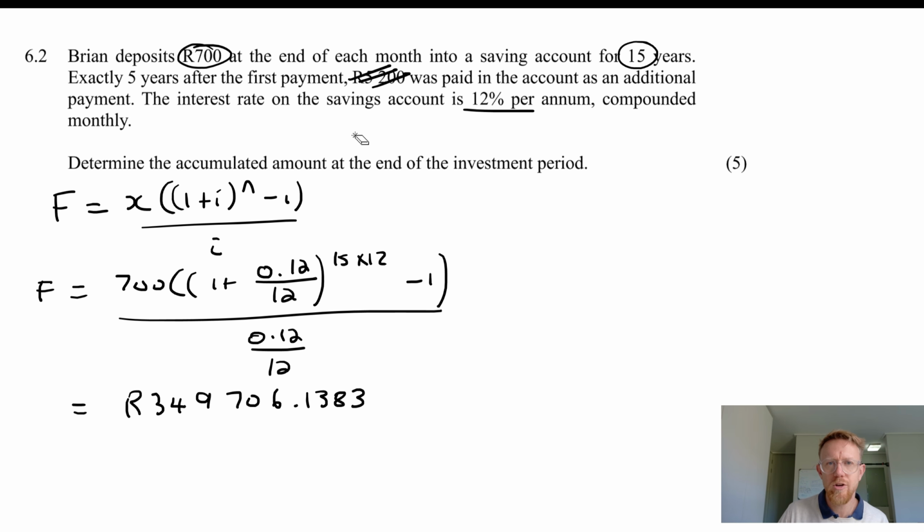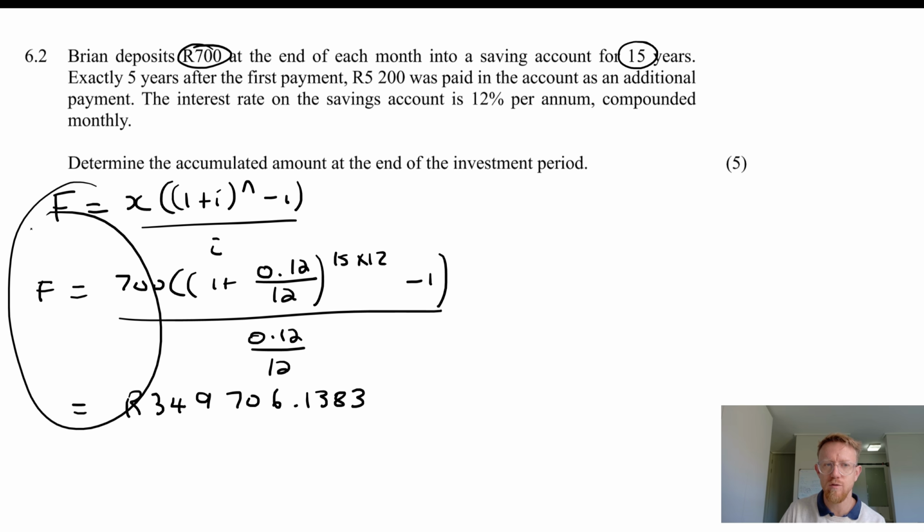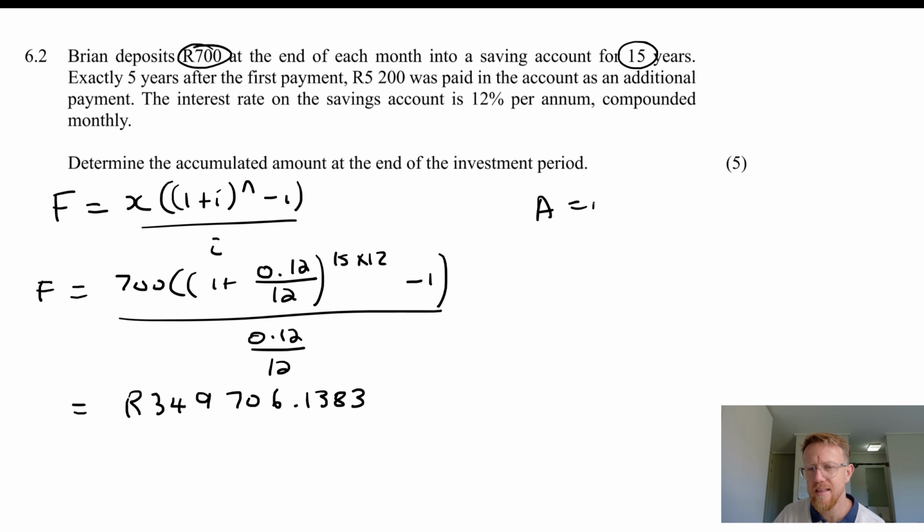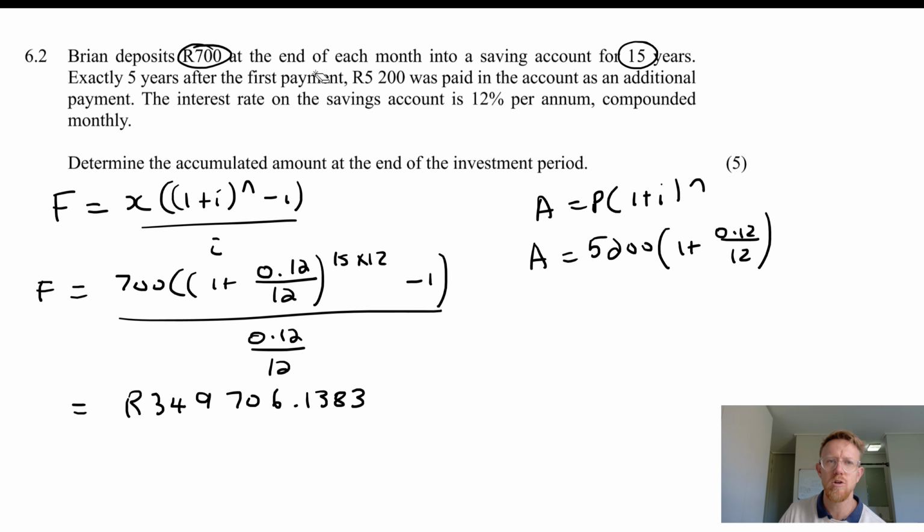Now, we also just want to check, okay, if this guy went and put 5,200 Rand as a once-off payment, that's not going to go into the future value formula because he only makes that payment once. So we can just go take that payment, and we can just use this grade 11 formula. We take the 5,200 Rand, and we go and compound it for, now just be careful.